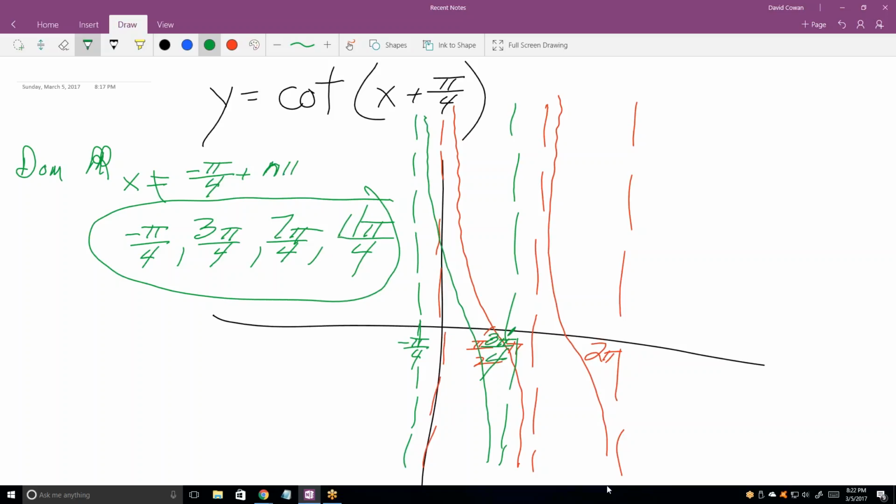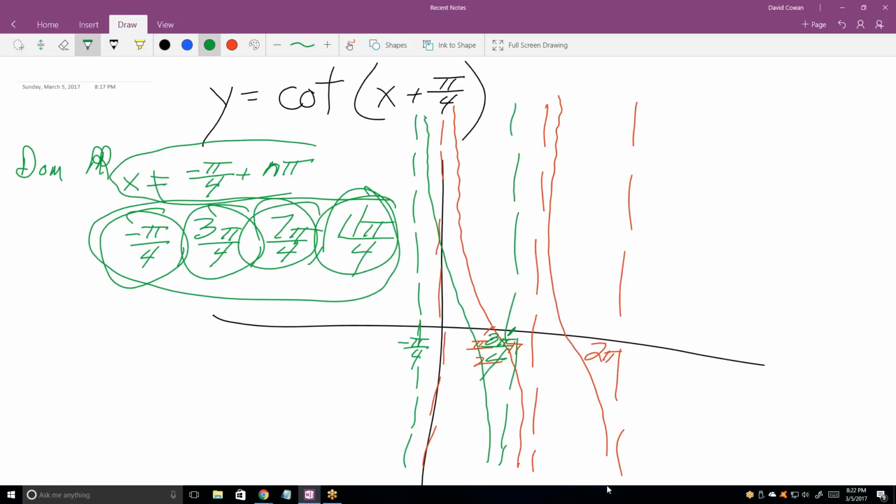And then if you check it, when n is 0, you get that. When n is 1, you get that. When n is 2, you get that. 3, and so forth. Once you use this n terminology, it's a good idea to at least check a couple of them.